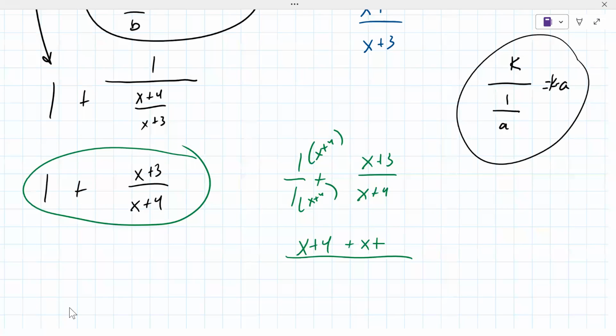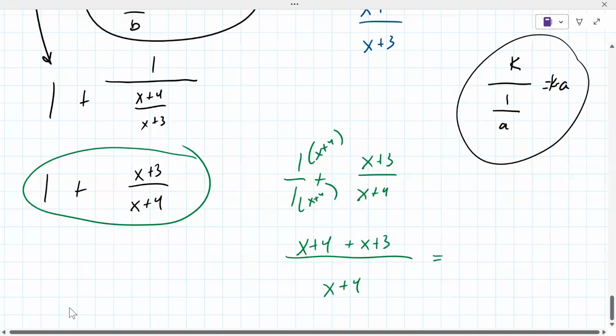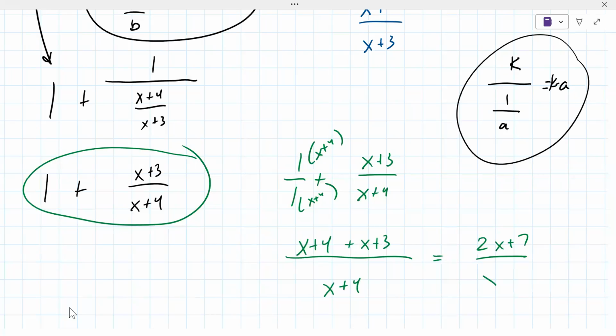And your final answer is 2x plus 7 over x plus 4. Got it.